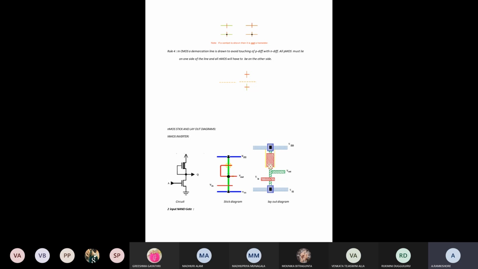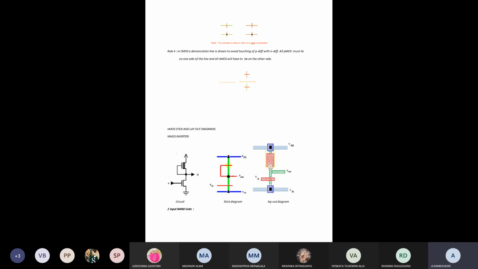Here for the enhancement mode transistor, we also take a polysilicon layer, that means polysilicon material with red color. That will be drawn over the N diffusion material to fulfill the enhancement mode transistor, and finally we have to give a connection between ground and the diffusion material.